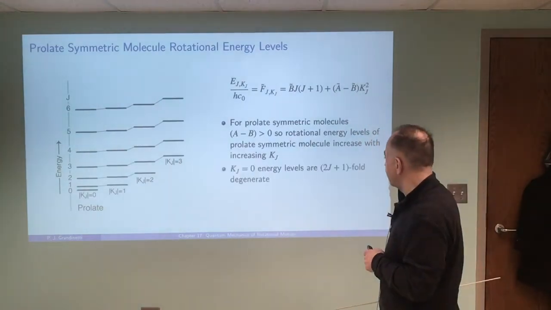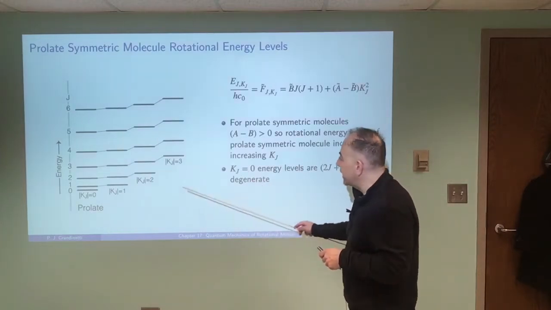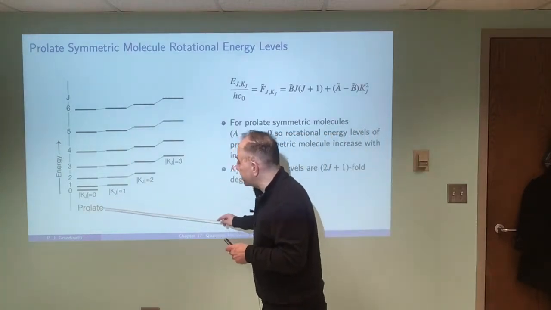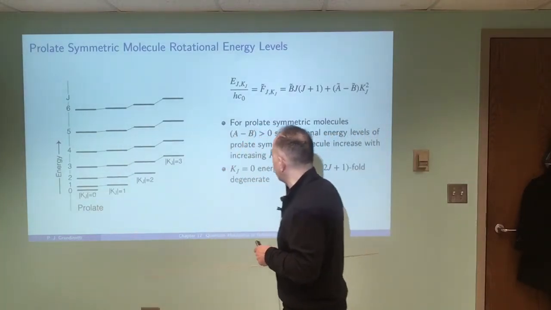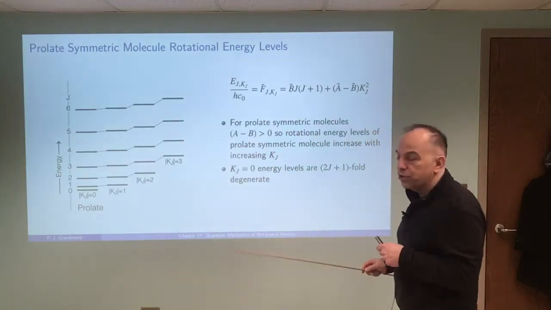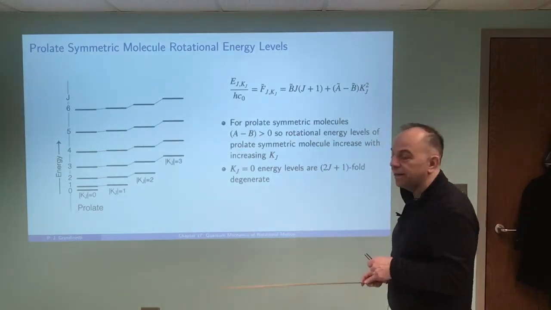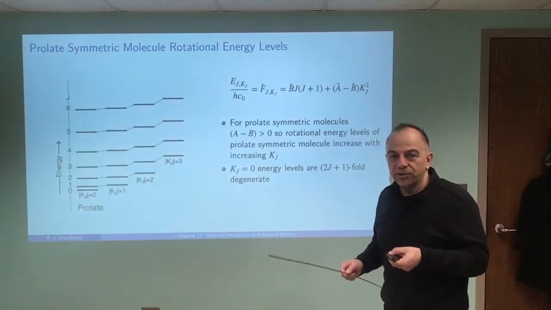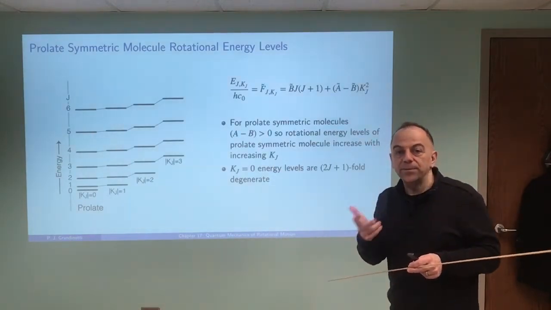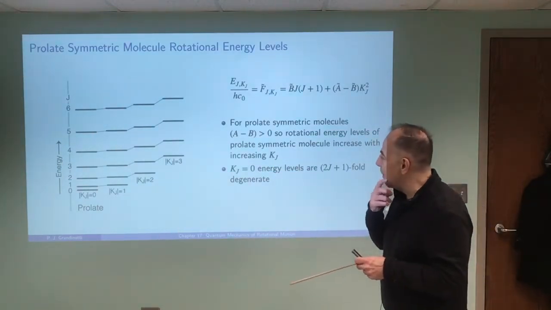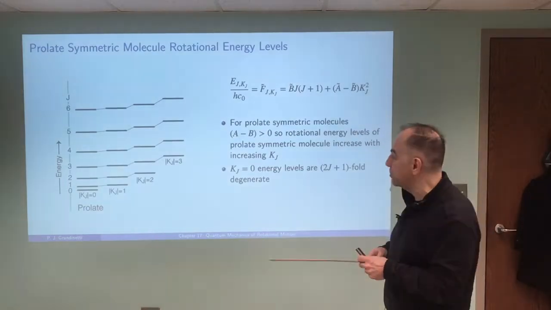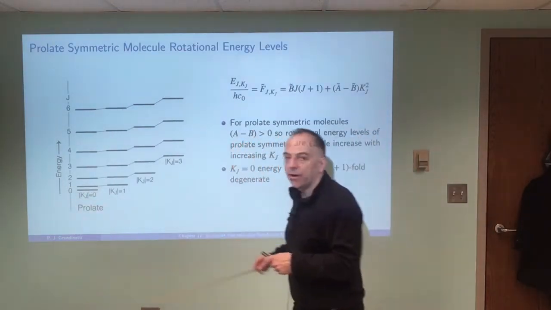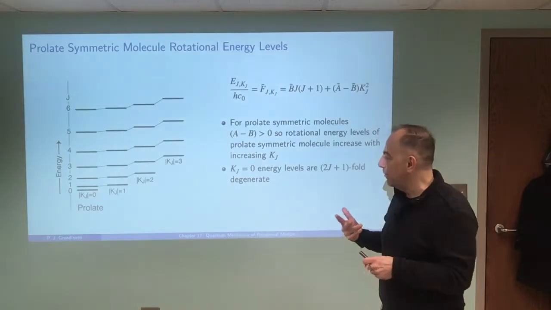Now, the energy level degeneracies for Kj equals 0 are all going to be 2j plus 1 fold degenerate. That's because for Kj equals 0, there are possible m sub j values depending on the j value. So for j equals 0, there's only one value for m sub j.